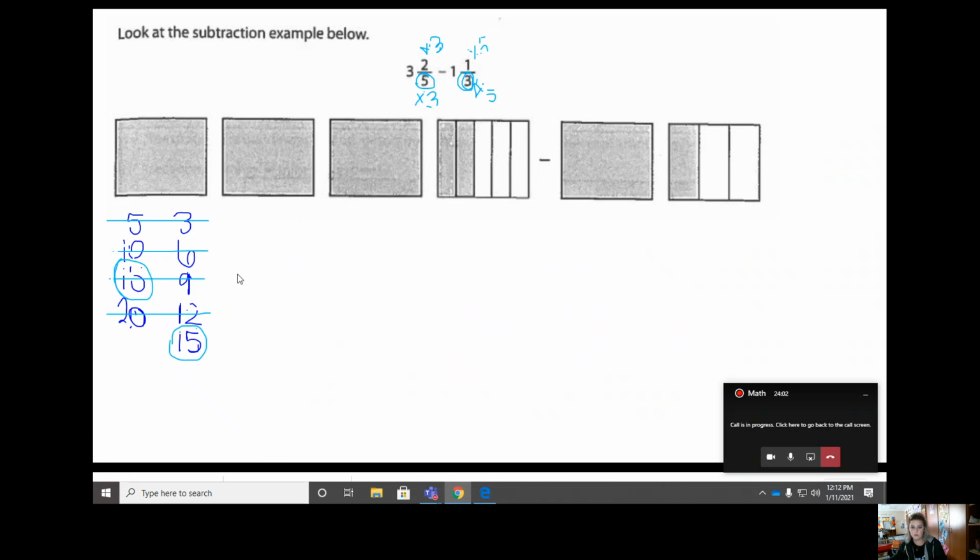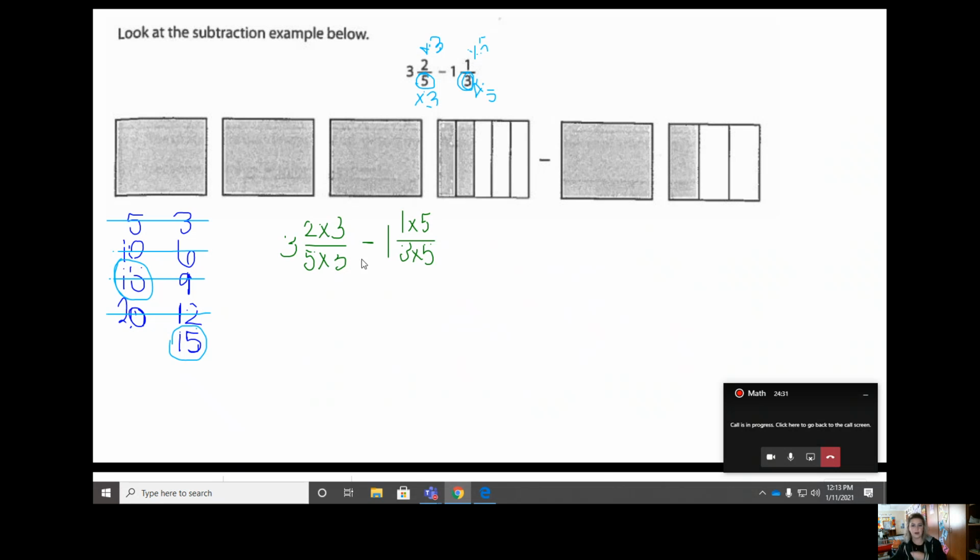So we have 3 and 2 times 3 over 5 times 3 minus 1 and 1 times 5 over 3 times 5.